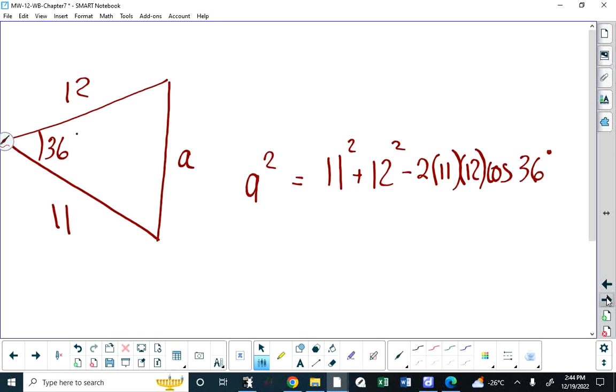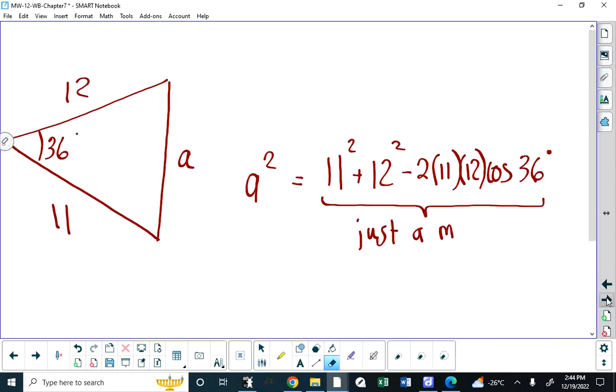All I am getting at is that this thing is just a number. I mean, that doesn't mean we're done and we can go home. We have to be able to calculate the number.